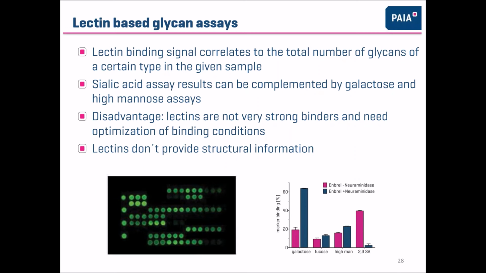One nice feature of these lectin assays is that it's not only a sialic acid assay. This assay can be complemented by, for example, information about galactosylation and mannosylation using the appropriate lectins as well.